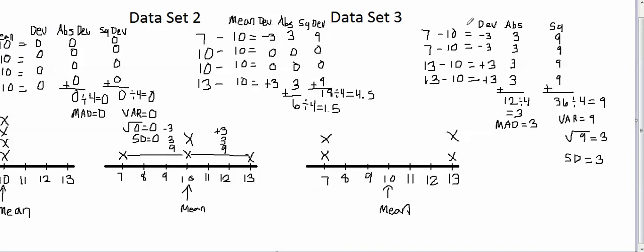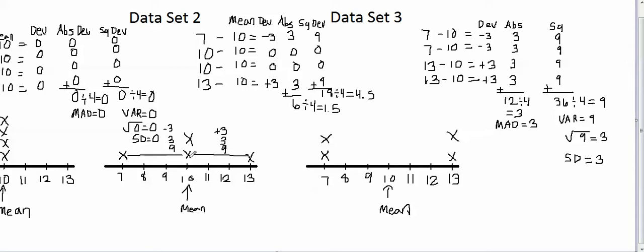Okay, so I finished the work with my third set of numbers. I want to go back over here for a second. So I said that these three numbers that I put here are actually the deviation, absolute deviation, and squared deviation of 7. That's what these three numbers are. These three numbers are the deviation, absolute deviation, and squared deviation of 13.